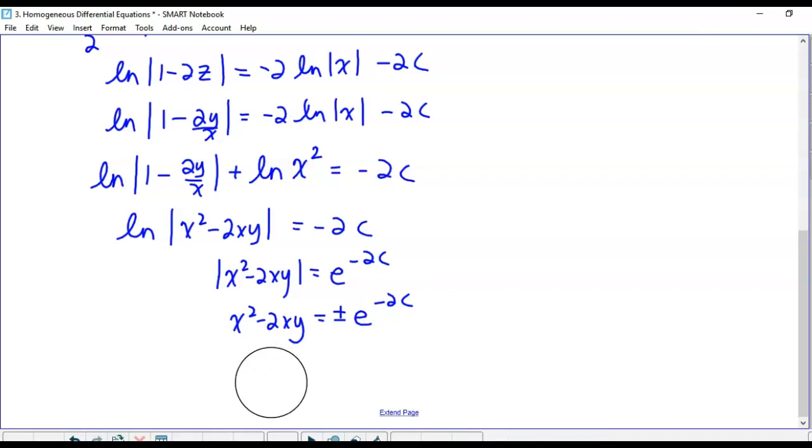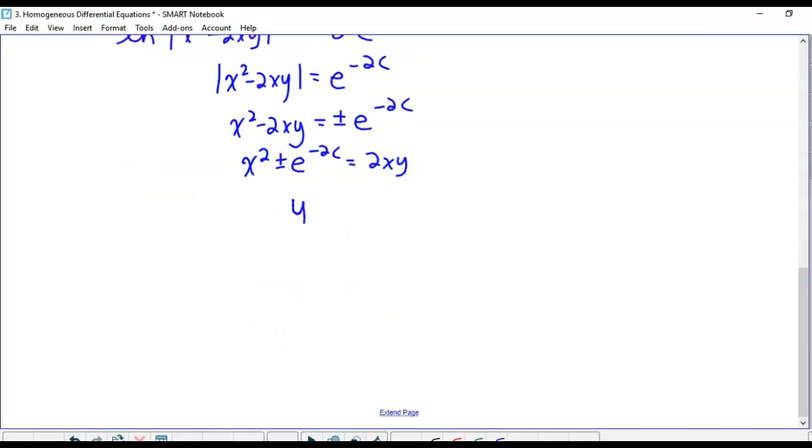I'll bring that to the right. So then that's going to be x squared plus or minus e to the negative 2c equals 2xy. So y equals x squared minus e to the negative 2c over 2x.